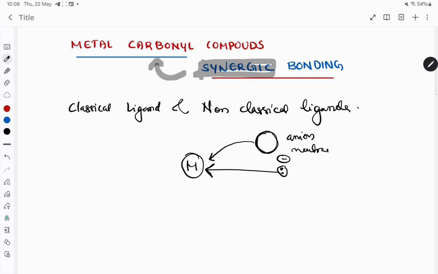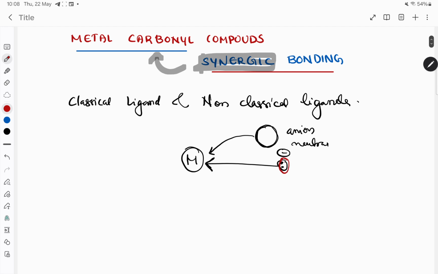Those ligands are called classical ligands, the normal ligands, which give a lone pair of electrons to the metal ion through a sigma coordinate bond.